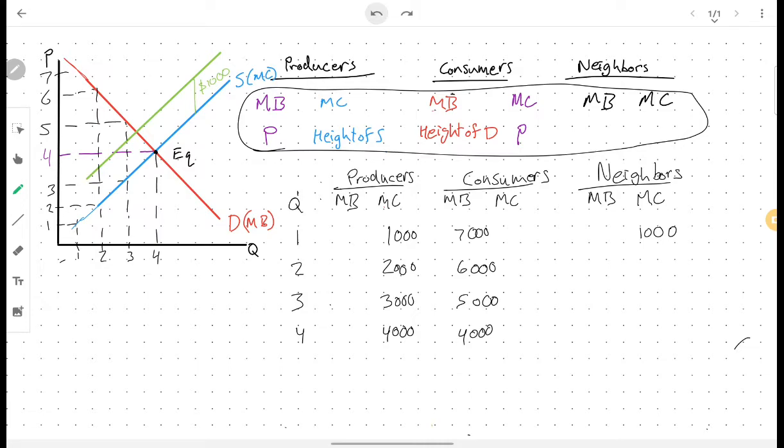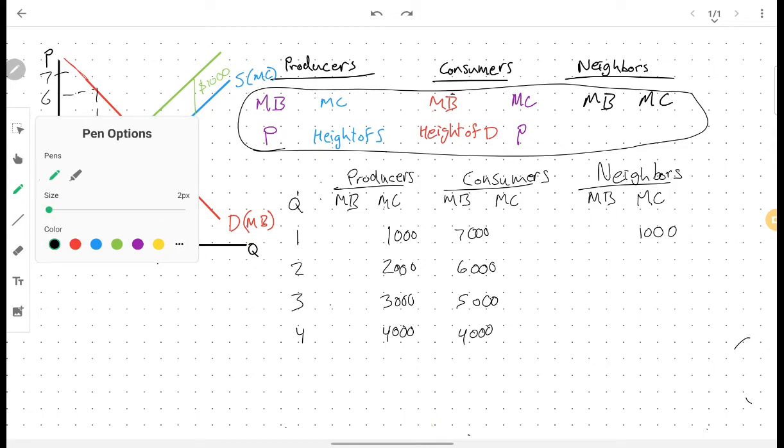So we look at this and we say, well, what would the neighbors like to do? Suppose that they could make a contract with the factory to reduce their production of cars from 4 to 3. So if they do that, what's going to happen? Well, they are willing to pay the car manufacturer $1,000 to produce less, up to $1,000.